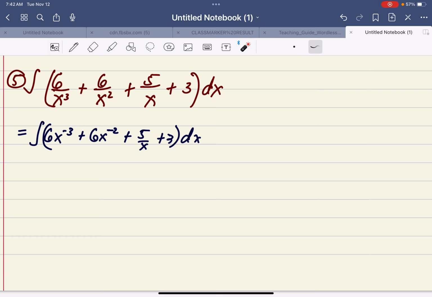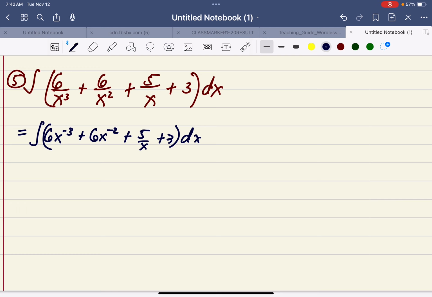So we write 6 over x cubed into negative exponent, which is 6x raised to negative 3, x squared, x raised to negative 2. So that is the negative law of exponent.